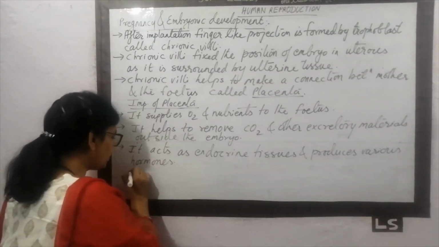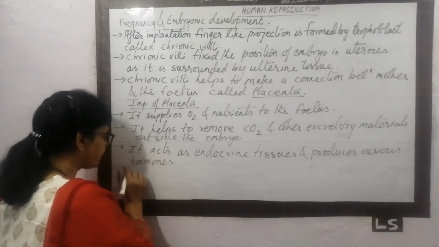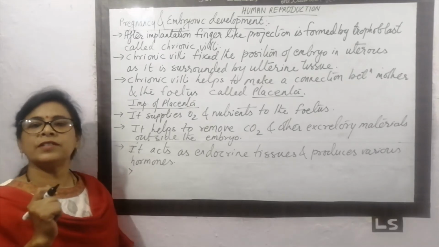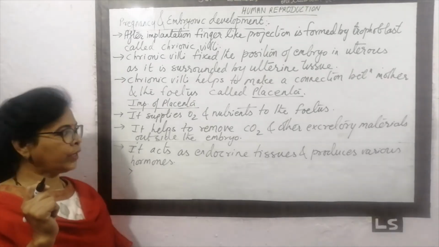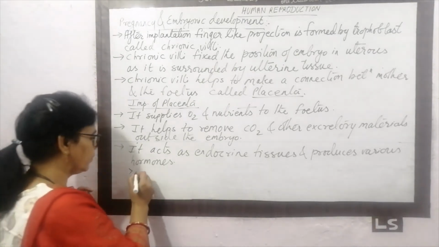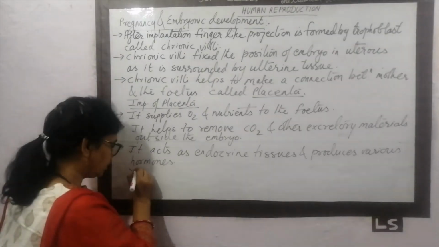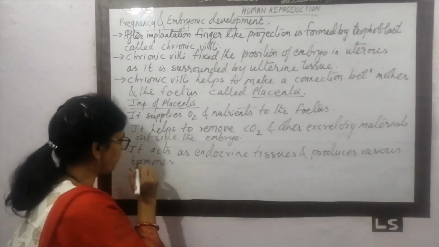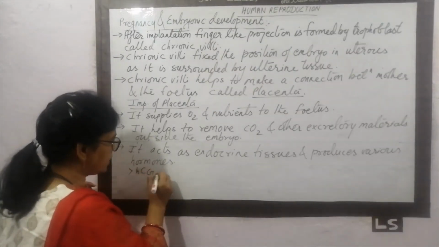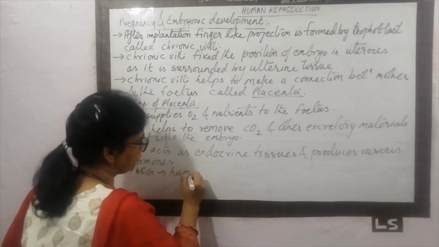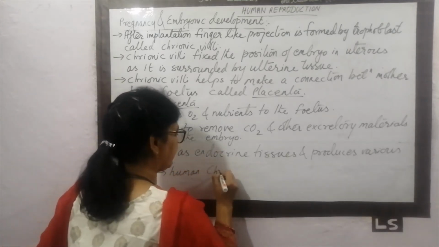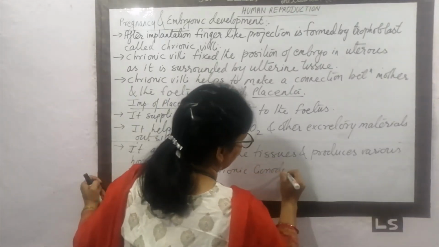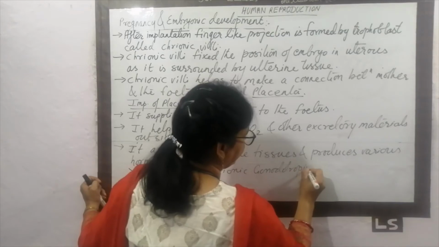Some of the important hormones that are formed: first is the human chorionic gonadotropin, HCG.